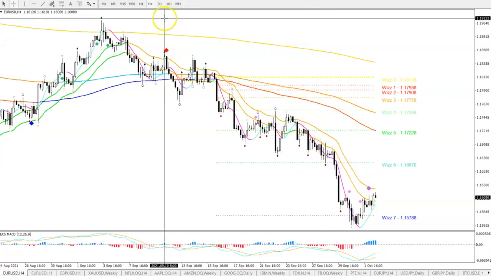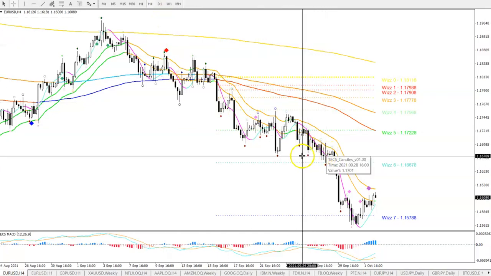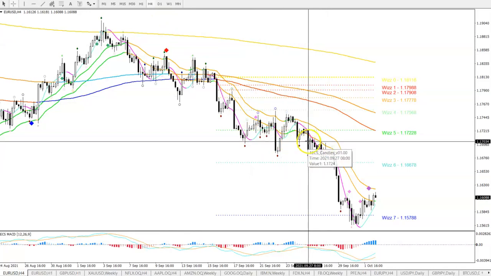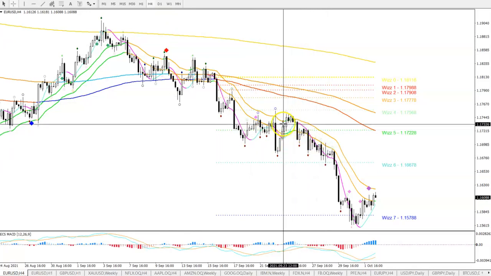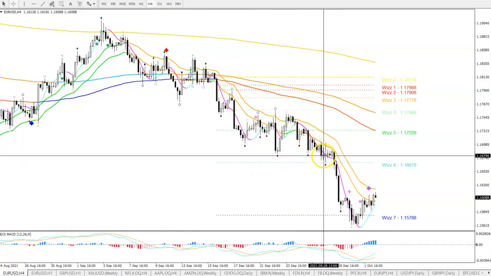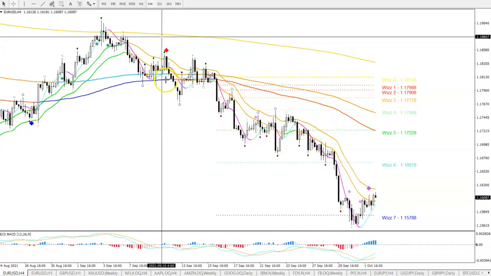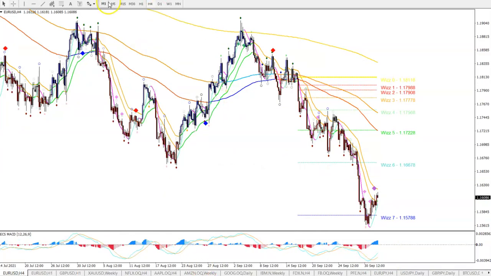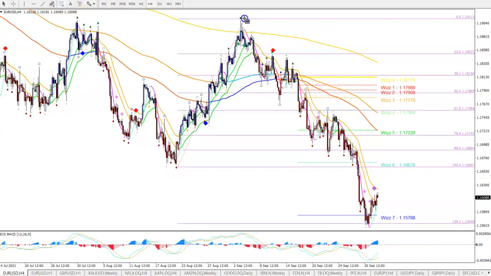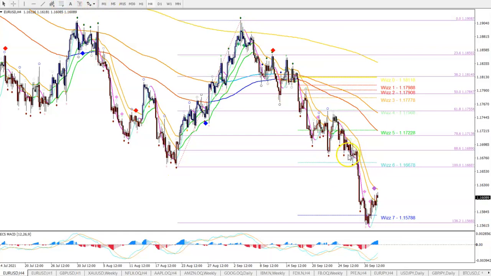Slowly but surely it started to move lower, with the 4-hour charts breaking below the fractals, the HMA crossing below the 20 MA at a bearish angle, and price floating below it with all the moving averages aligned. With the break of the 88.6 fib, I'll show you which one that was. There we go. With this break below the 88.6 in the double bottom, that was the key that indicated for me that the upside was out.